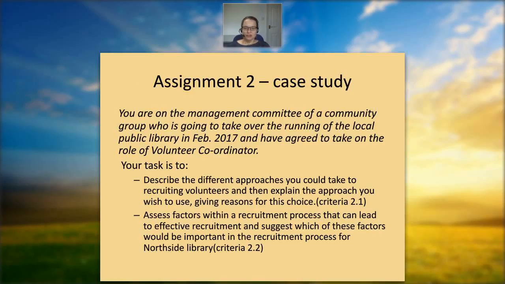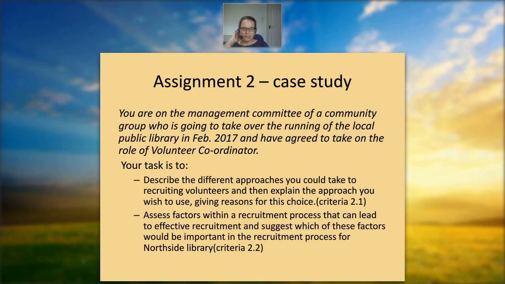Assignment 2 is a straightforward case study. You are on the management committee of a community group that is going to take over the running of the local public library in February 2017, and you have agreed to take on the role of volunteer coordinator.